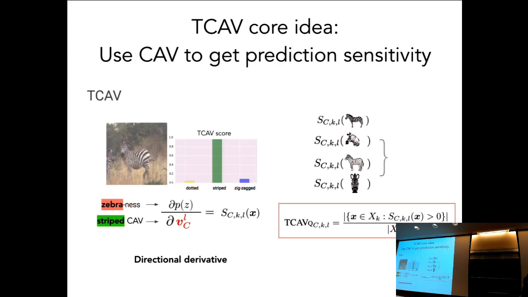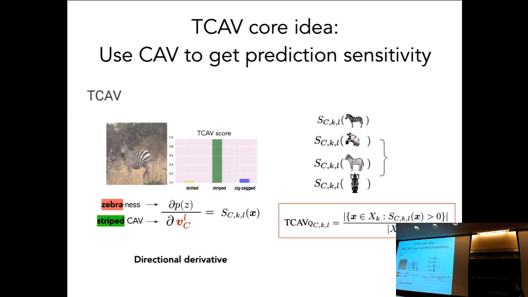I see. The question is whether we use the new zebra pictures that I collected, or the training data set. If you have the training data set, it's better to do it on the training data set, but if you don't have it, as long as this classifier says it's a zebra, then you're good.